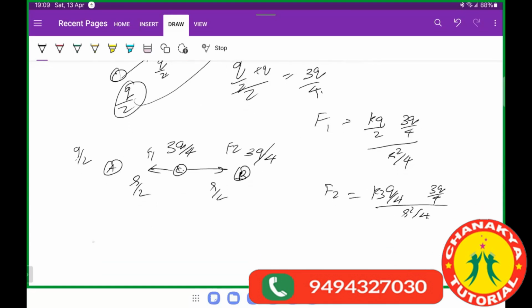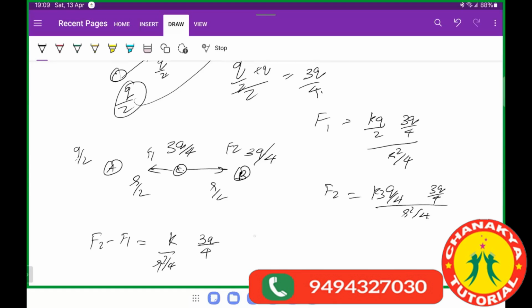If I take net force F2 minus F1, because both are in opposite directions. So K is common. R square by 4 is also common. 3 by 4, 3 by 4, q by 4. So 3q by 4 is also common.